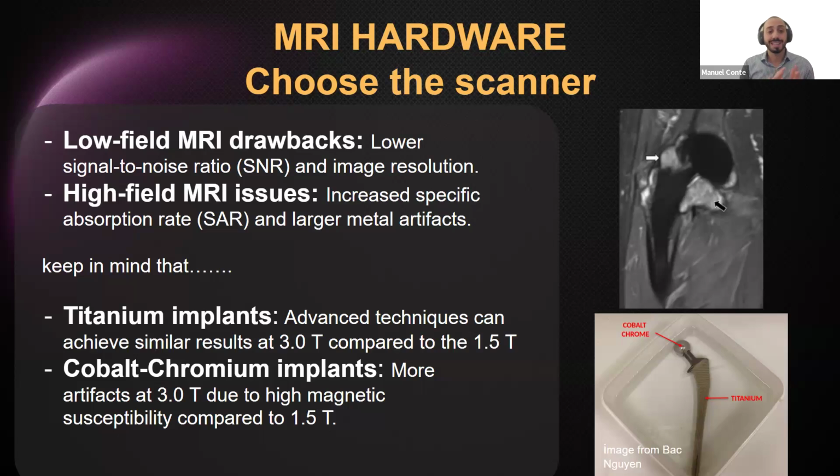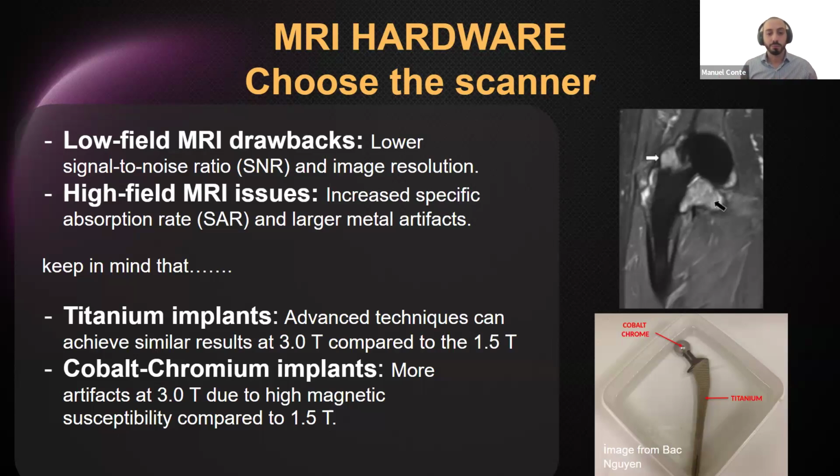It's been demonstrated with titanium implants, using advanced techniques, that the result between 3T and 1.5 is similar. When we scan implants with cobalt chromium, there is a difference between 3T and 1.5. So in this case, I would go with a 1.5.